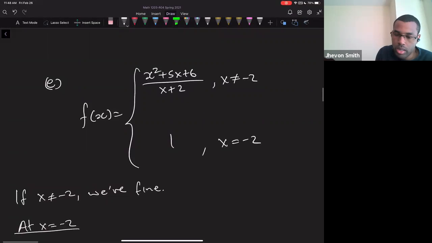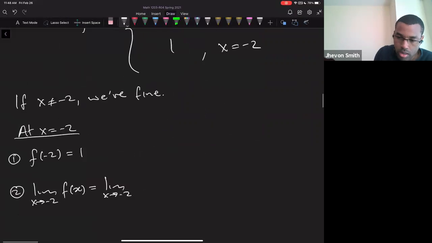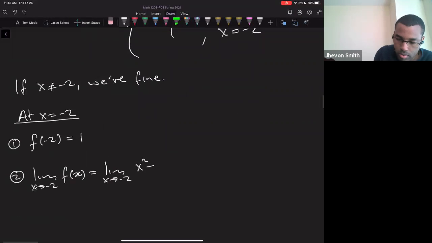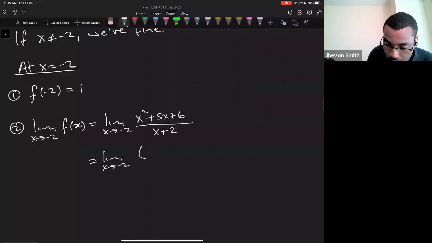That is going to be the limit of that part. How do I find that limit? You could simplify the top version. You can simplify the top. It actually factors, right?